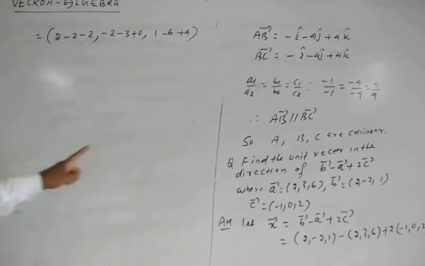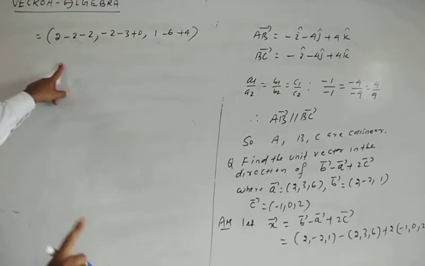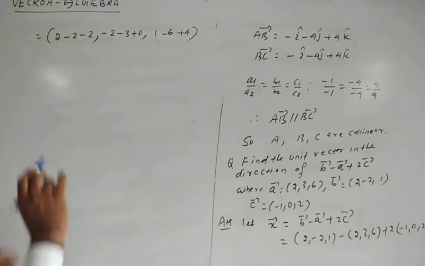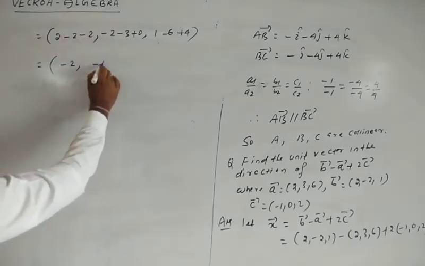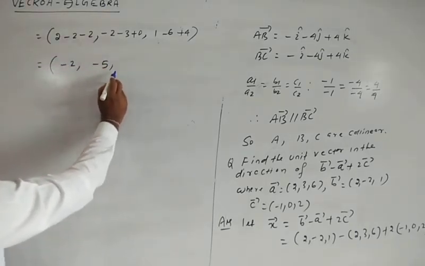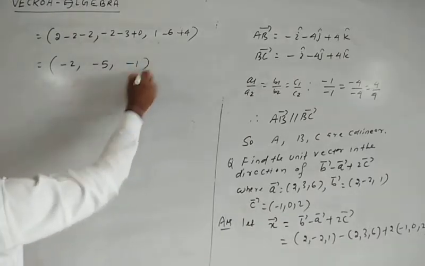The first one is 2 minus 2 minus 2, the second one is minus 2 minus 3 which is minus 5, the third one is 1 minus 6 plus 4, which is minus 1.